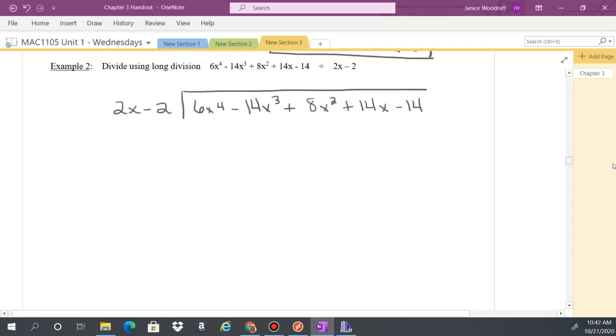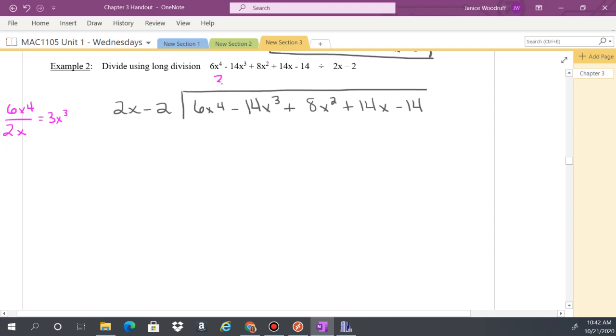All right, and then I'm going to start with step 3, first term divided by first term. So I'm going to do those off over to the left. So 6x to the 4th is the first term, and then that's going to be divided by 2x. So we'll be dividing by 2x each first term here. That's going to give me, let's see, 6 divided by 2 is 3, and then x to the 4 minus 1 would be x cubed.